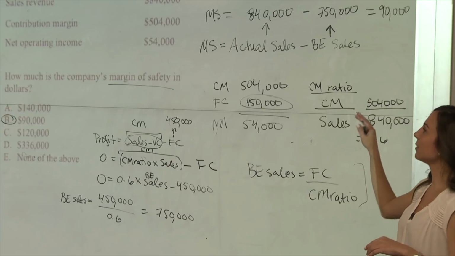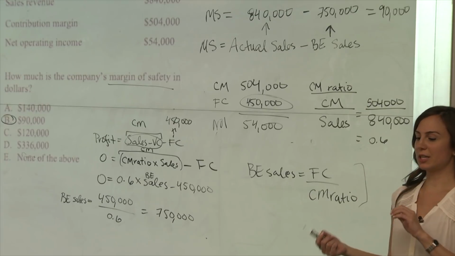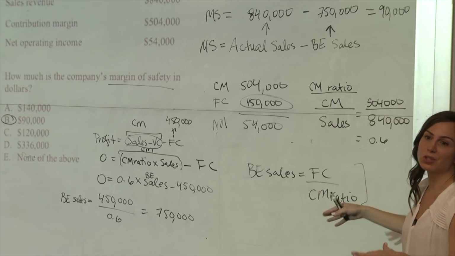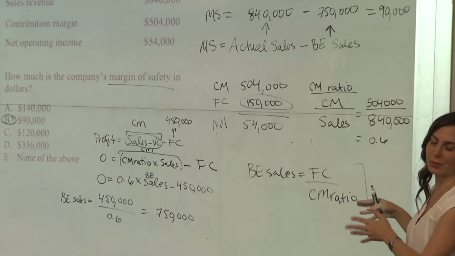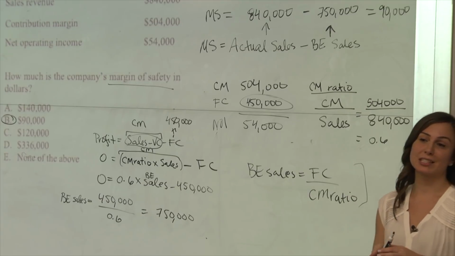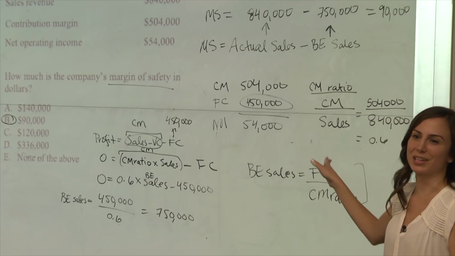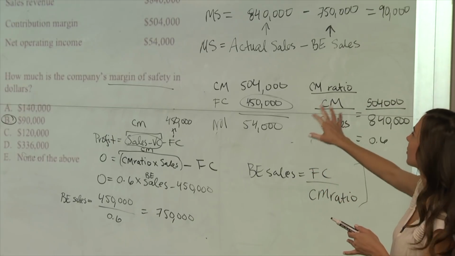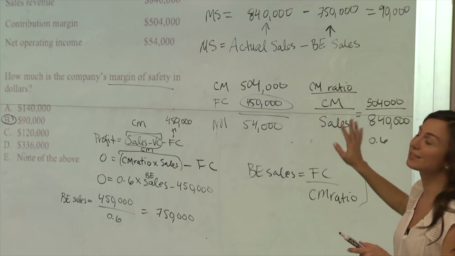Now, using the information that we currently have, we can, in this case, find the contribution margin ratio in order to find the break-even sales, because the break-even sales are going to be a different number than the 840,000. It's basically working backwards. You're trying to see, okay, this is the information I know.